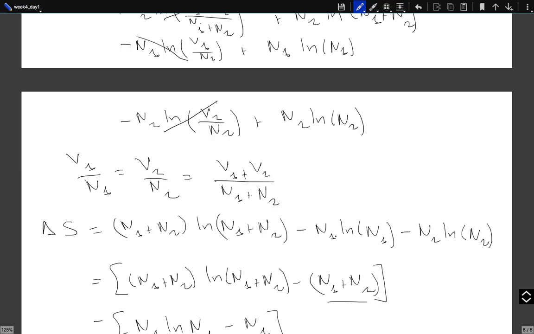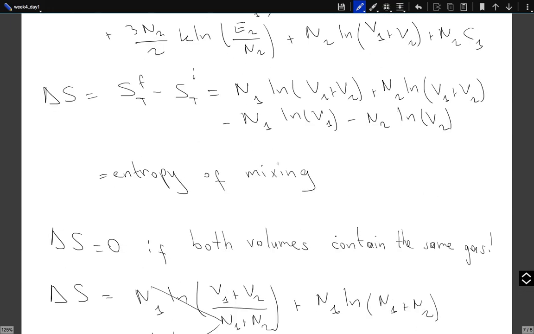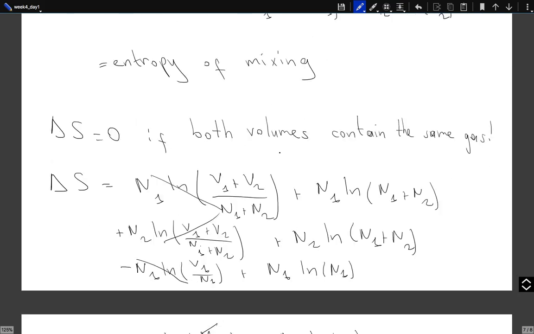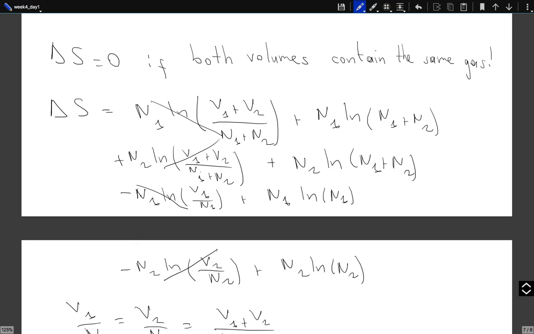Let us see if that is correct. My mistake is over here. This is minus, so this is all minus. No, sorry, these are pluses. This is minus, this is also minus.